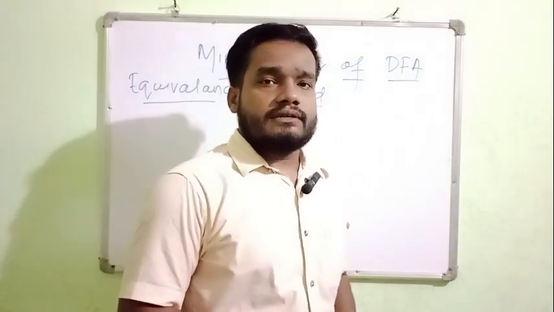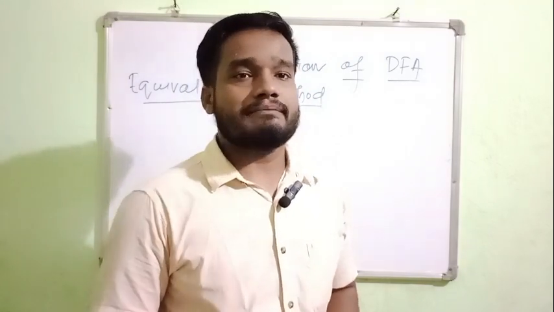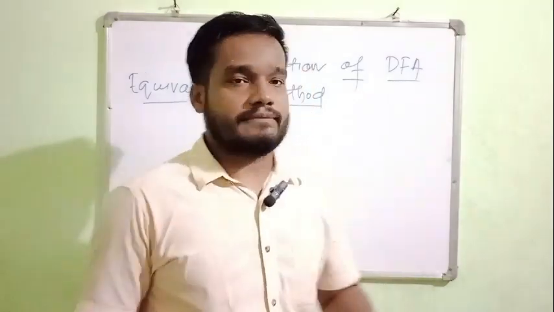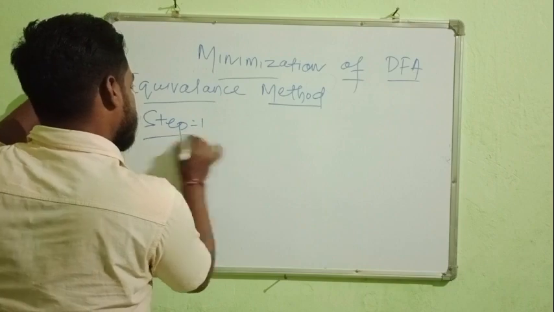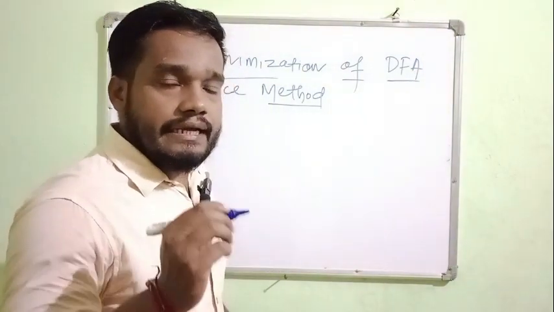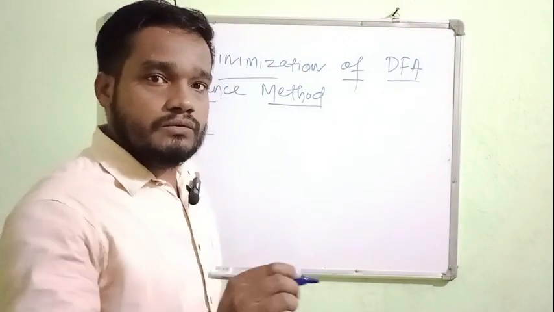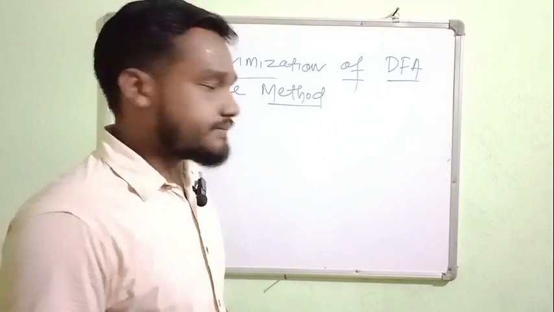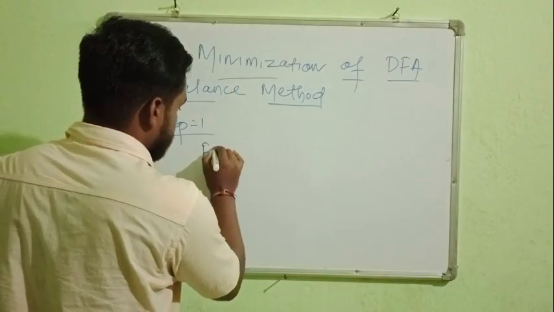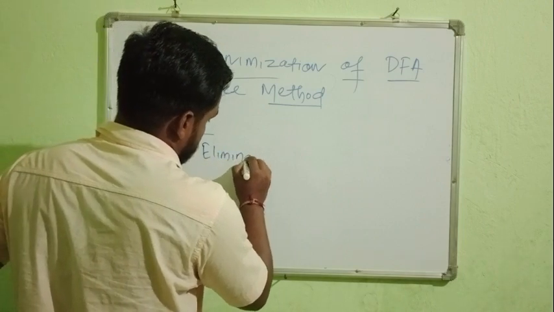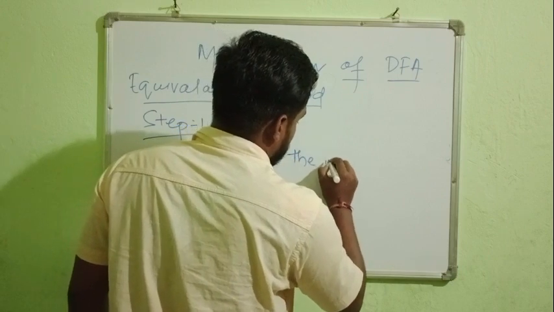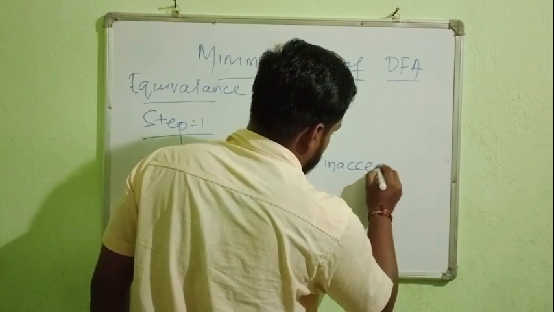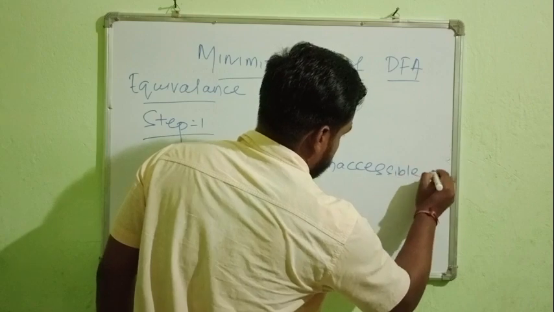According to the equivalence method, there are several steps to complete the procedure of minimization of DFA. So step 1 is eliminate the inaccessible states.